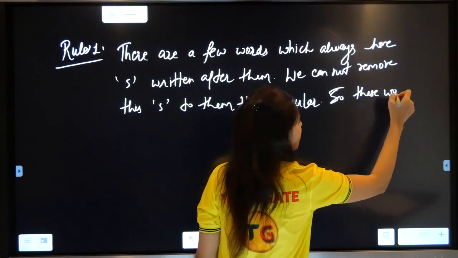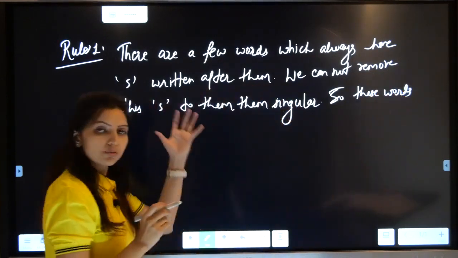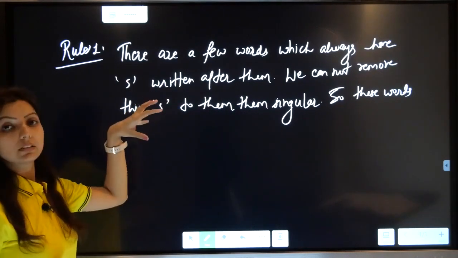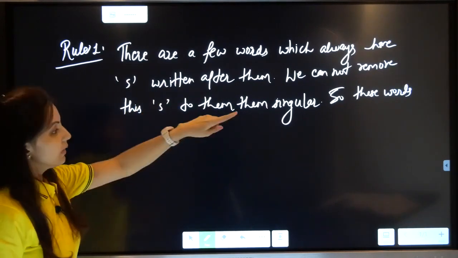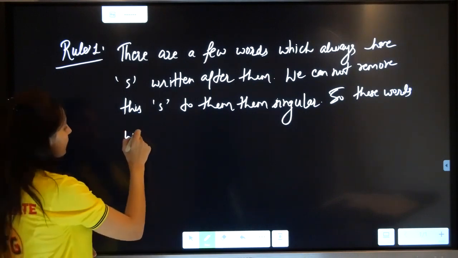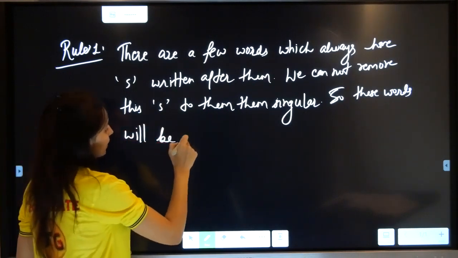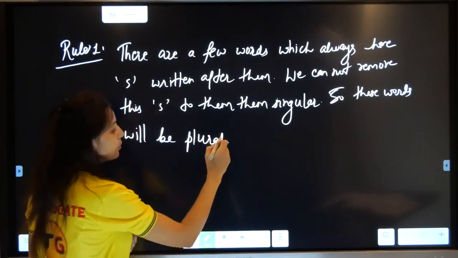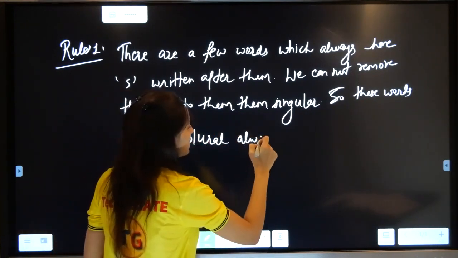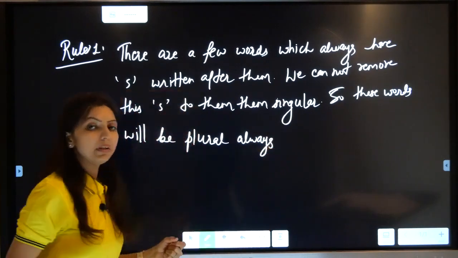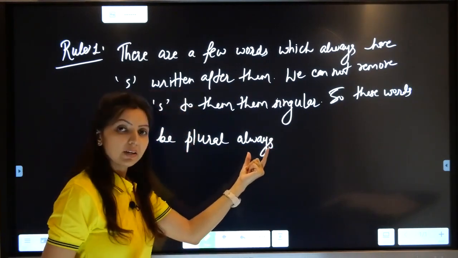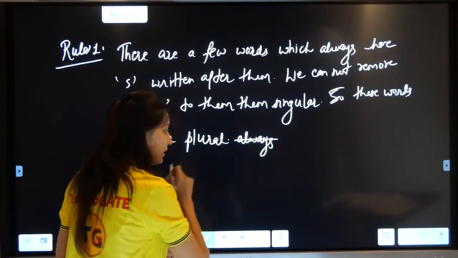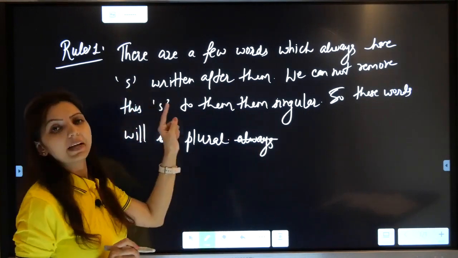These words which are having S written with them, and we cannot remove that S in any situation, will be plural always. Understand the difference. Every single word is having its own meaning. If I do not use always, it will change the meaning of this whole line.